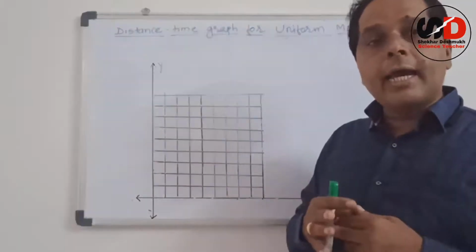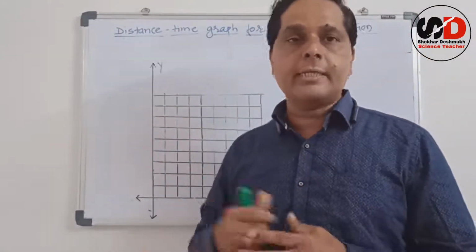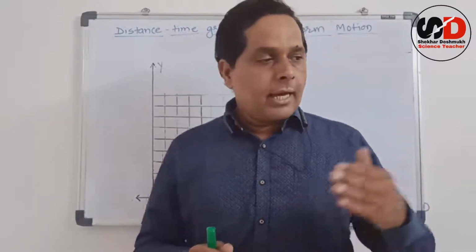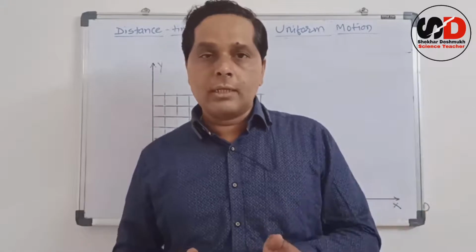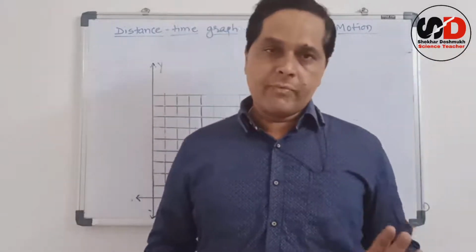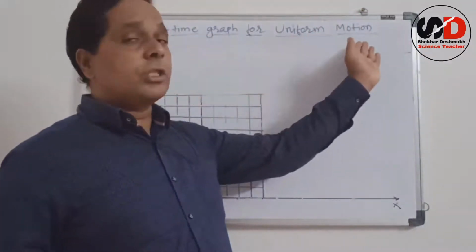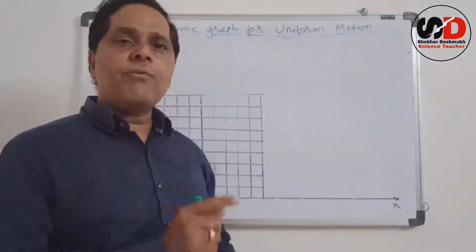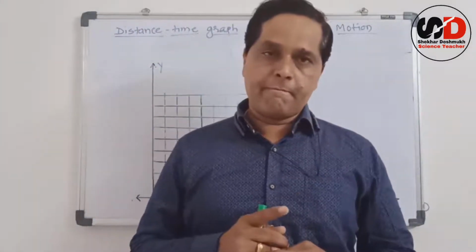Distance and time. That means time is directly proportional to distance. Proportionality is there. That means as the time changes, distance also changes, and they are proportional. That means equal distance is covered in equal intervals of time. And that is nothing but uniform motion. So for uniform motion, the graph is a straight line graph.